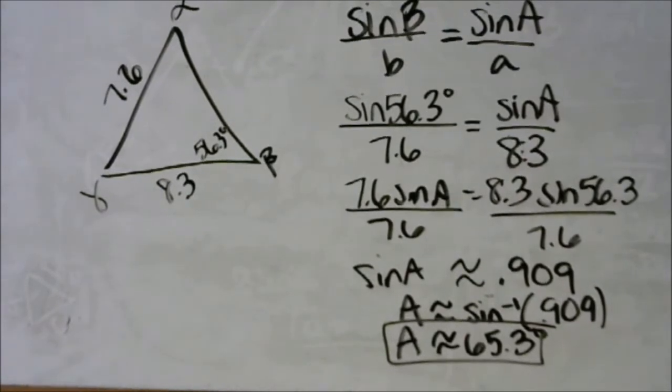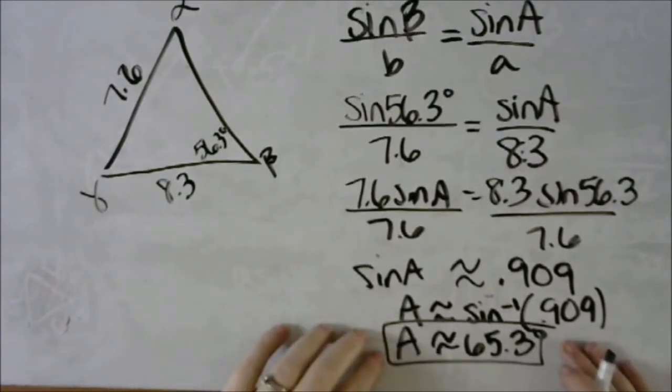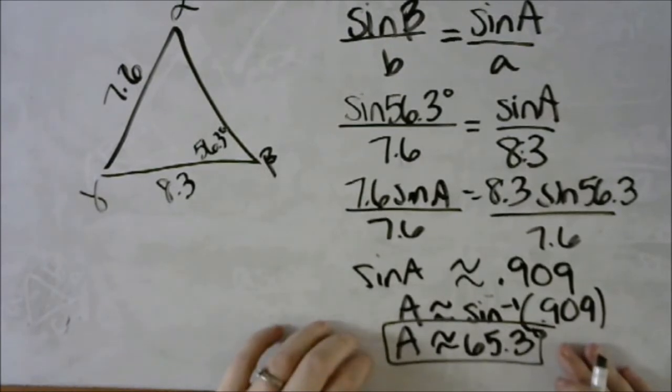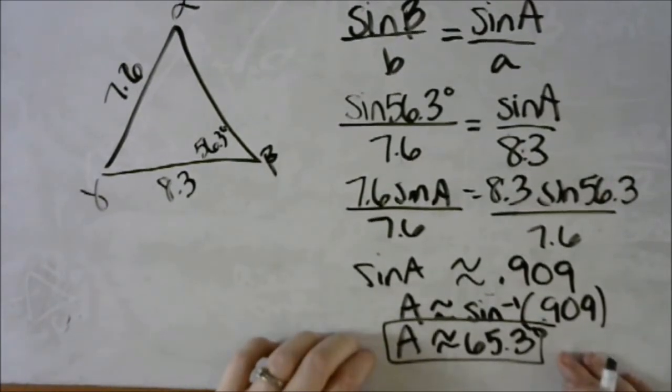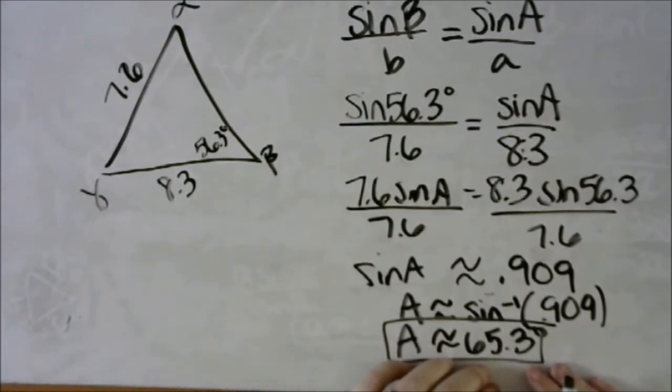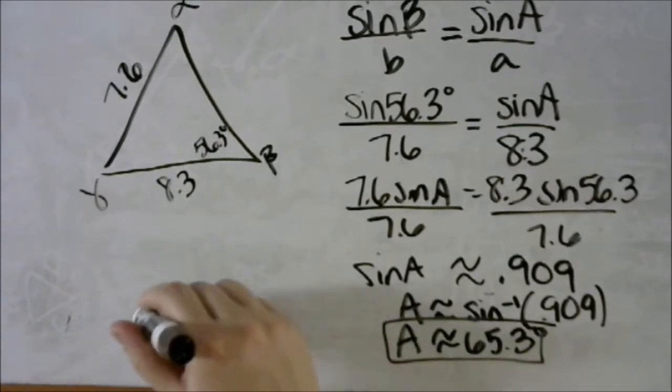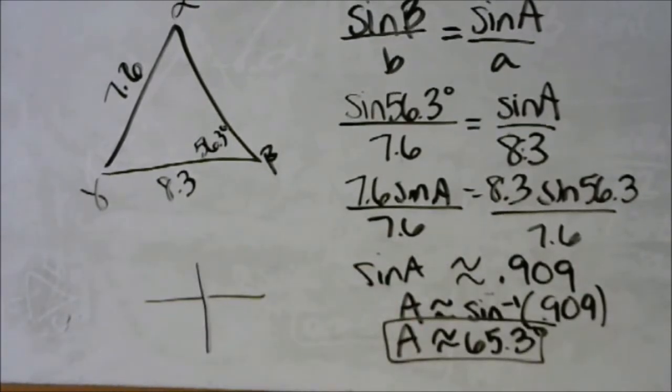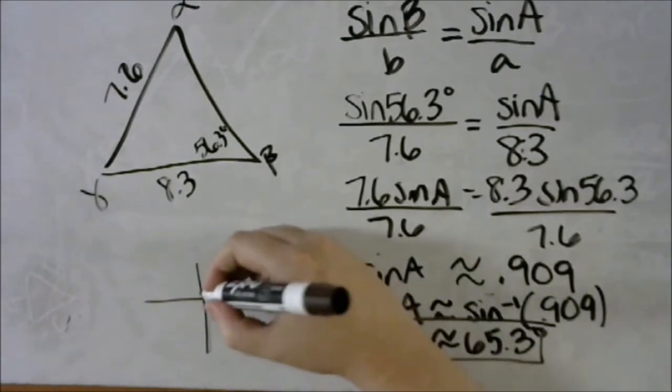Now this is where the ambiguous case comes into play, because there are two angles less than 180 degrees that have a sine of 0.909. We saw this in the last objective when we were learning about inverse trigonometry. And so we need to find both angles from 0 to 180. So this is the first answer. And if we take a look at a diagram of the four quadrants, sine being 0.909 is about right here.